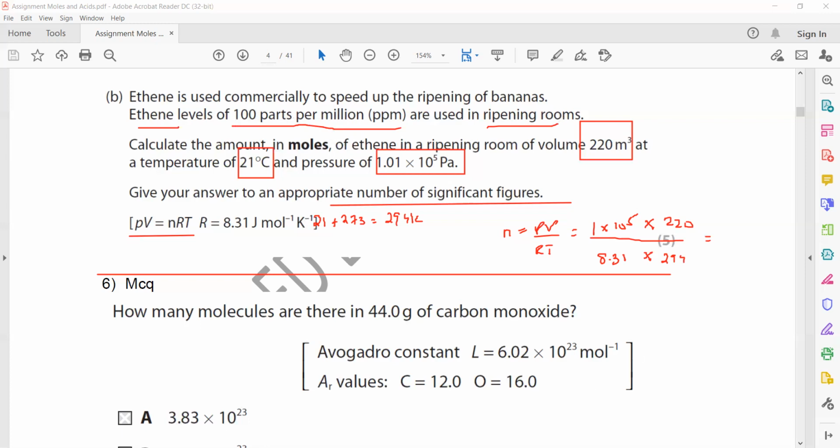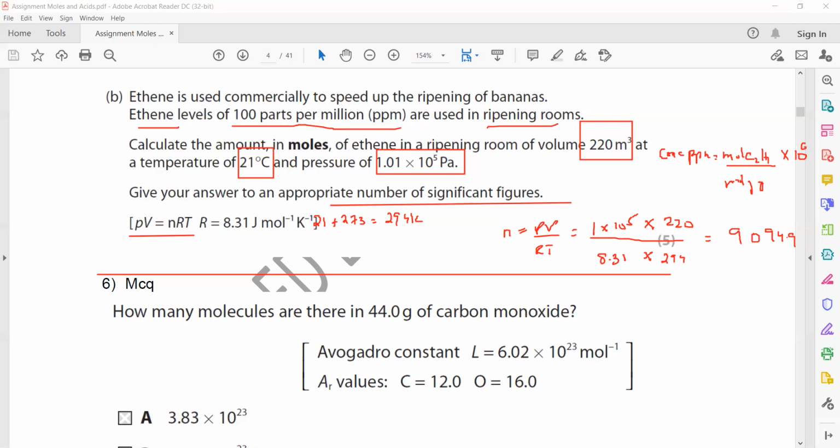So this answer here will be 9994.9. That is the value of N, the total number of the particles. But to get the number of the particles of ethene, the concentration in ppm is equals to moles of ethene, which is C2H4, divided by moles of the gas, which is used, into 1 million.